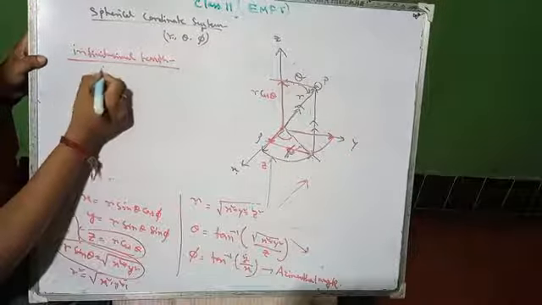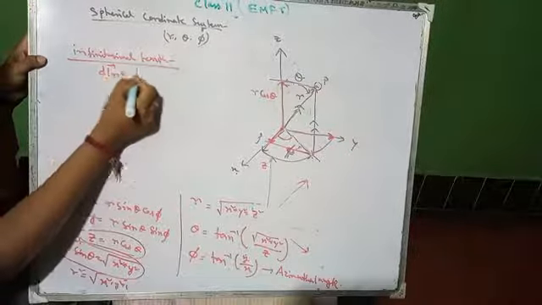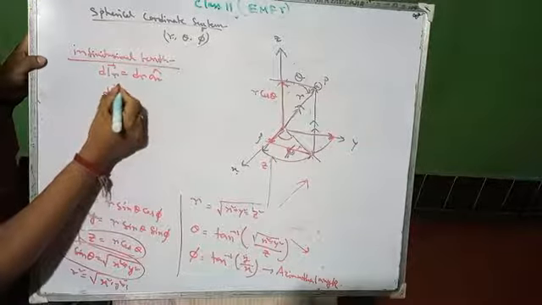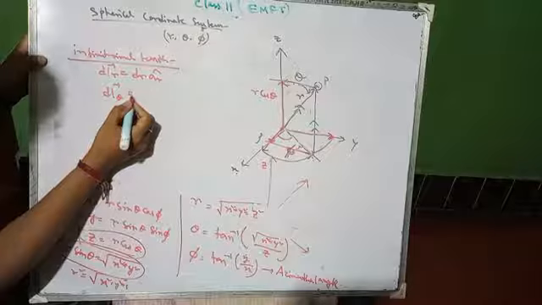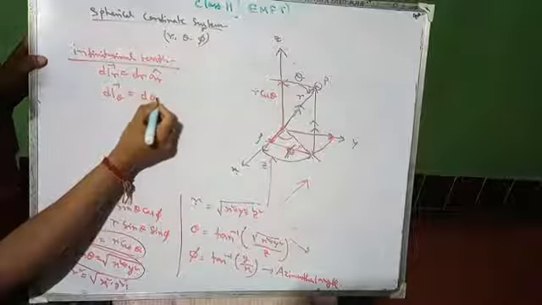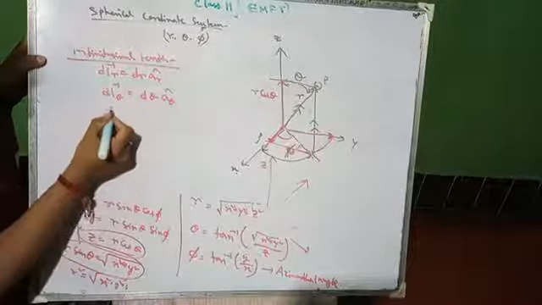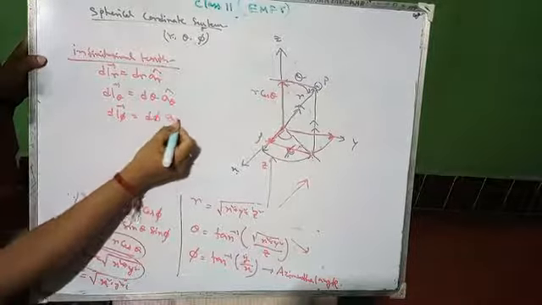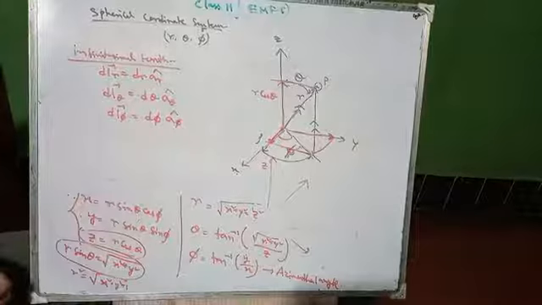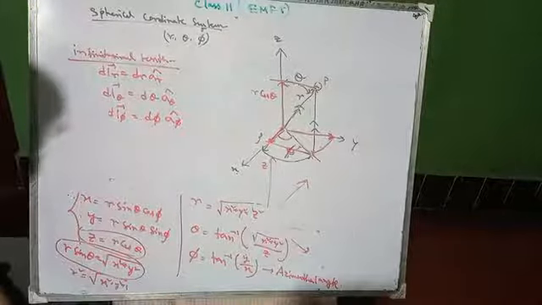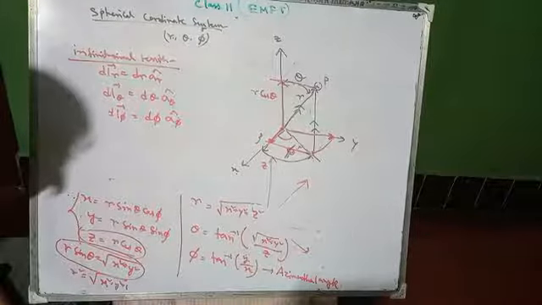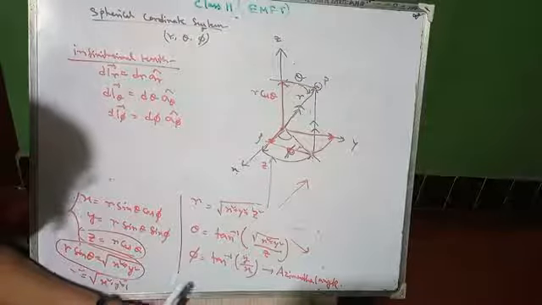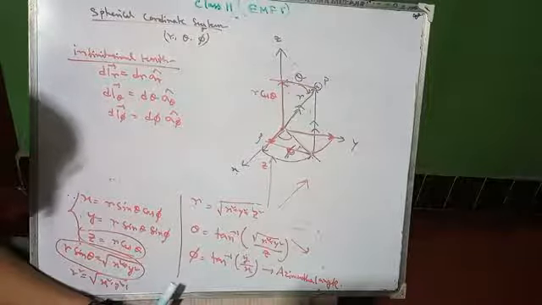That is, dlr vector equals dr into ar cap, dl theta equals d theta into a theta cap, and dl phi equals d phi a phi cap. So these three equations are the basic equations. Now you have to find the differential lengths, that is dlr, dl theta and dl phi.